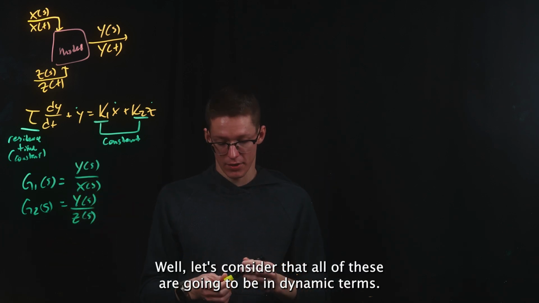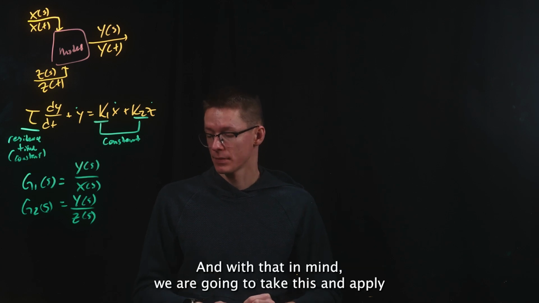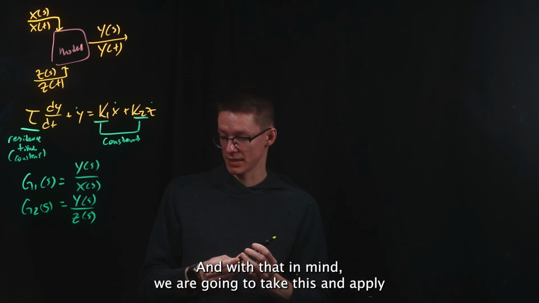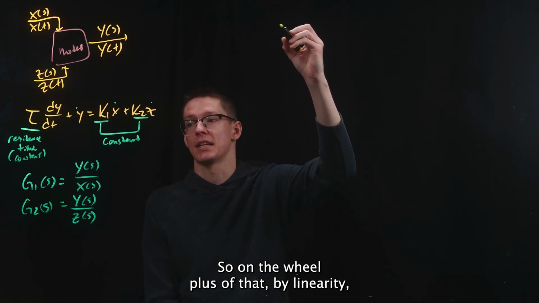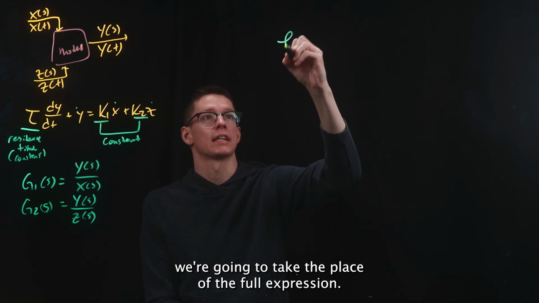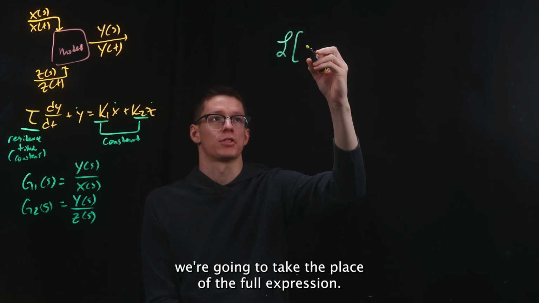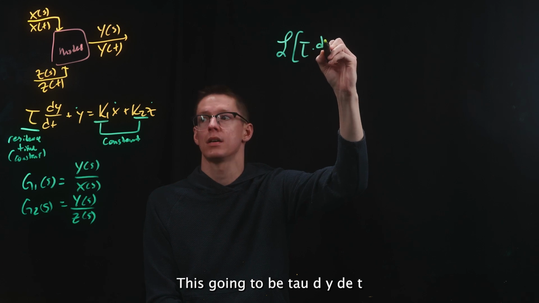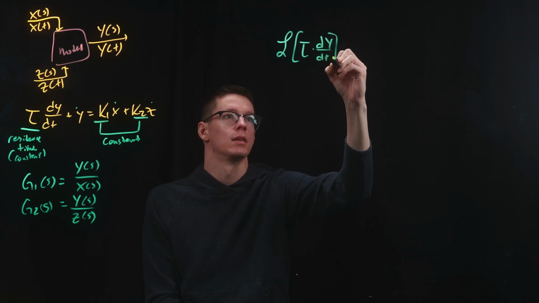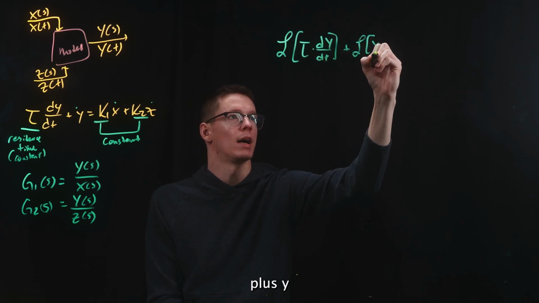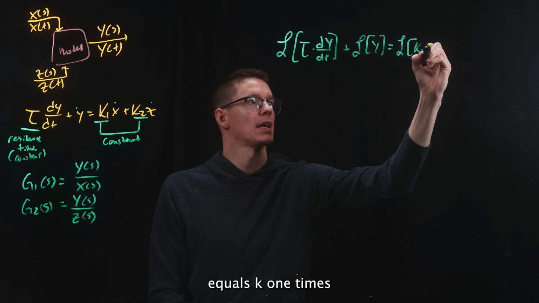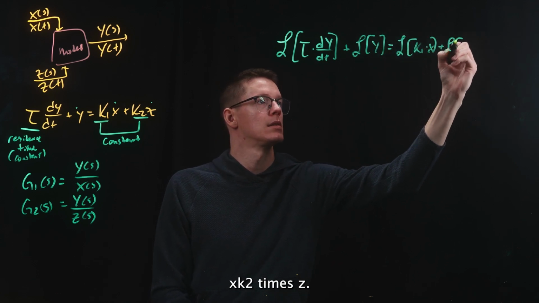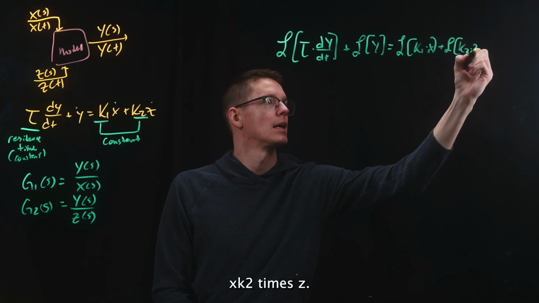Well, let's consider that all these are going to be in dynamic terms. And with that in mind, we are going to take this and apply a linearity rule directly. So by linearity, we're going to take the Laplace of the full expression. This is going to be tau dy/dt plus y equals k1 times x plus k2 times z.